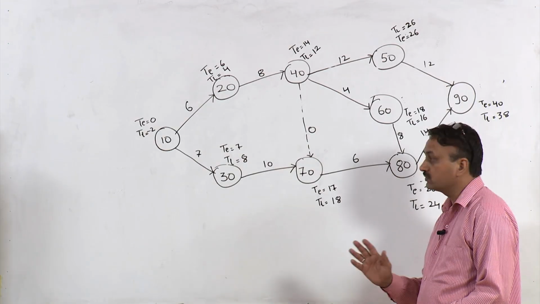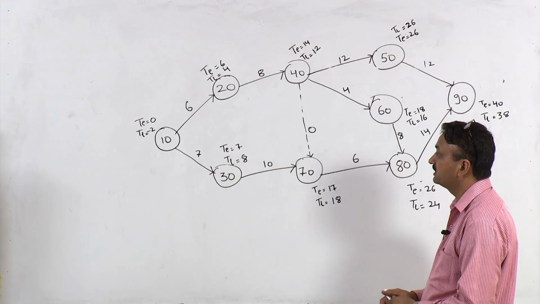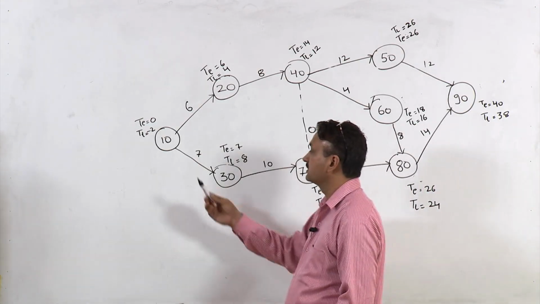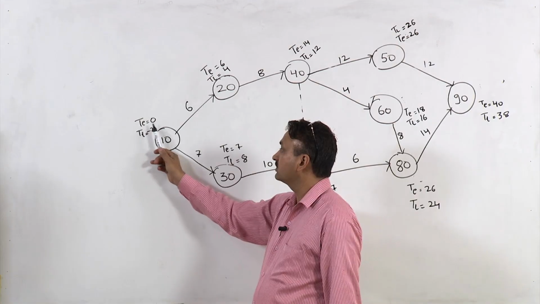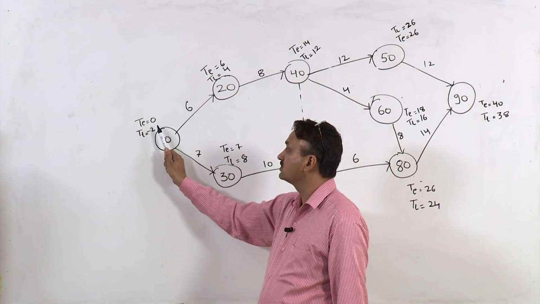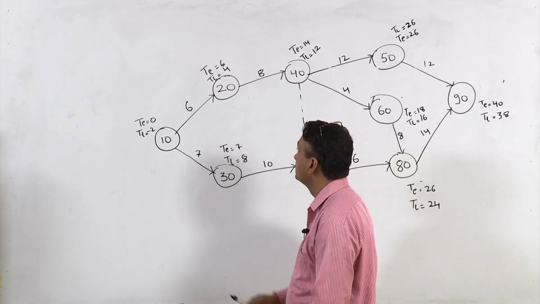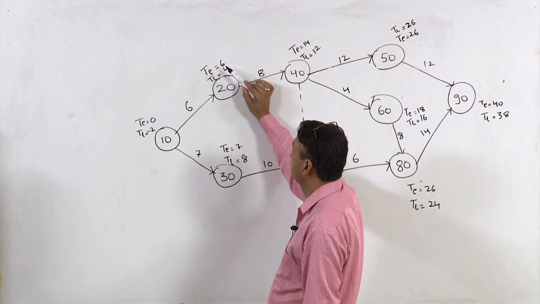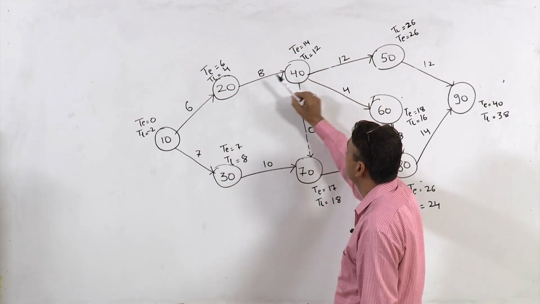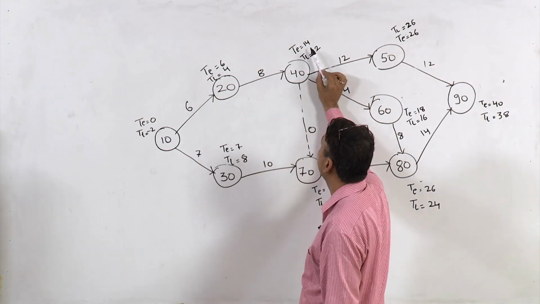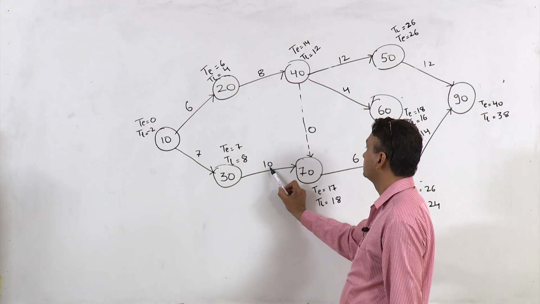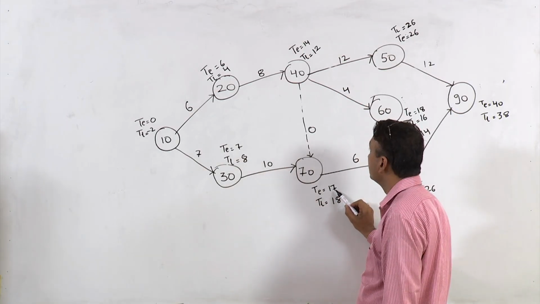So, this is how you can write all the durations. Now, you need to find out TE and TL at all these nodes. TE here is earliest start time, right. So, you can start these two activities as early as 0 unit of time. TE here is 6, TE here is 7, TE here is 6 plus 8, 14, TE here is 7 plus 10 is 17, right.